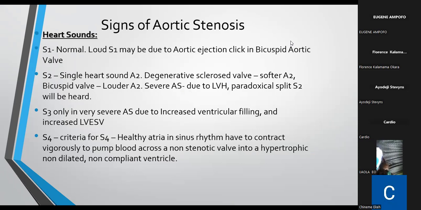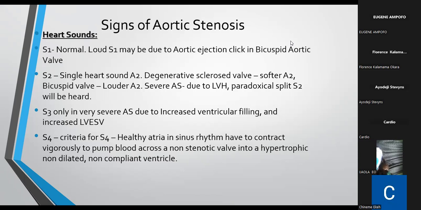S1 can be normal, and a loud S1 may be due to an aortic ejection click in bicuspid aortic valve. You could have a single S2 when you have a very severe aortic stenosis with a degenerated or sclerosed valve, and you could have a soft A2.